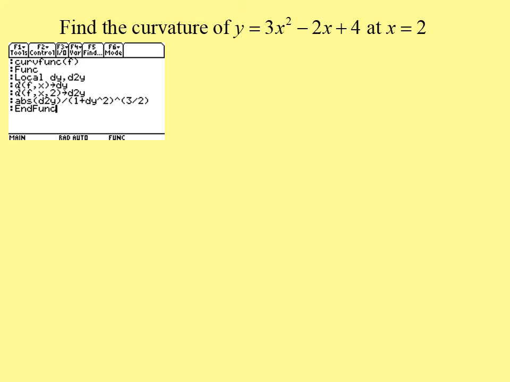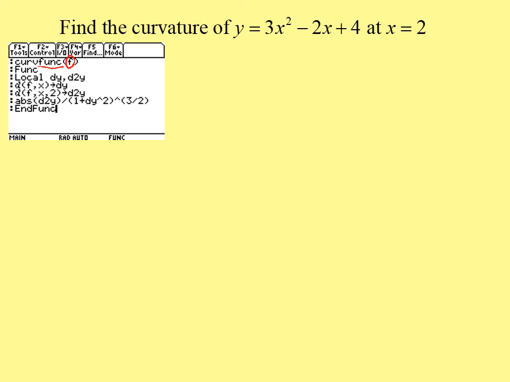So I have called this program CURV FUNC. Remember the other one we did was CURV VECT. So that was when we had a vector valued function. Now what we need to put beside it is a function of x.